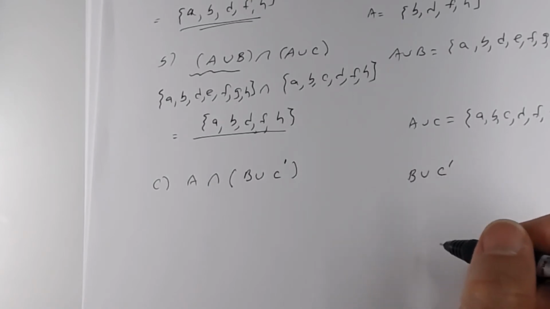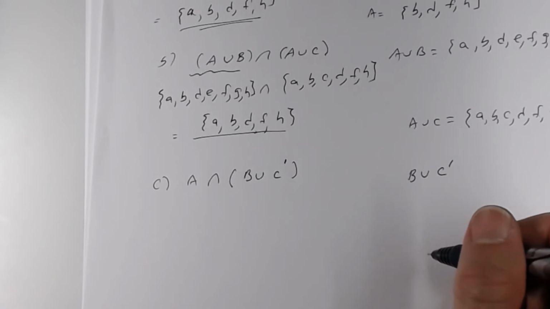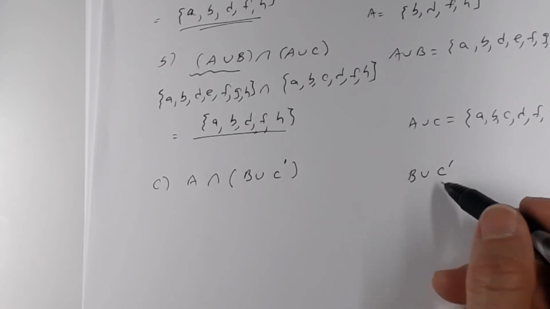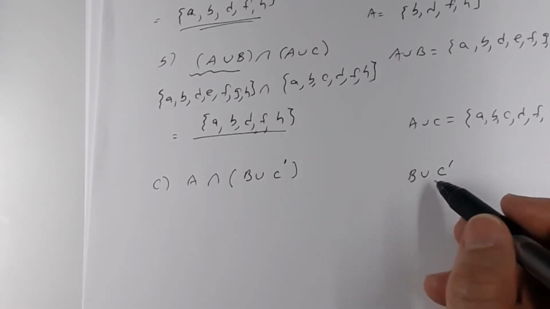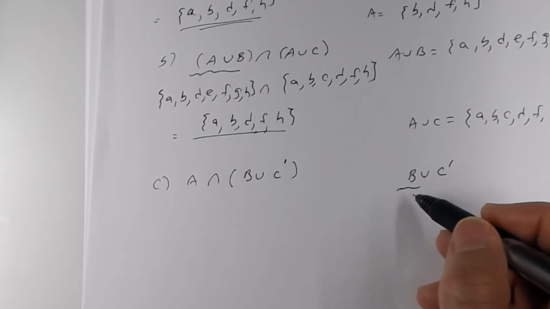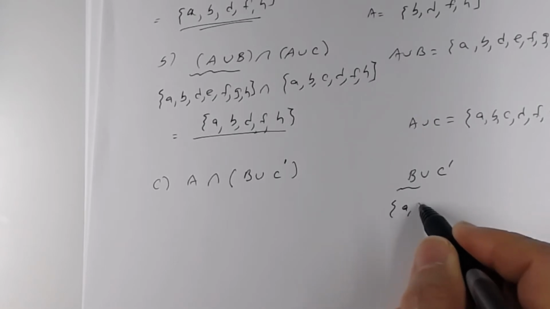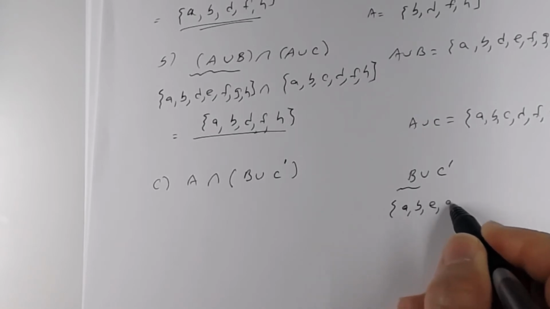Not B union C, but B union C complement. Do this strategically. Since I'm dealing with a complement now, I would list B first. What are the elements of B? A, B, E, and G.